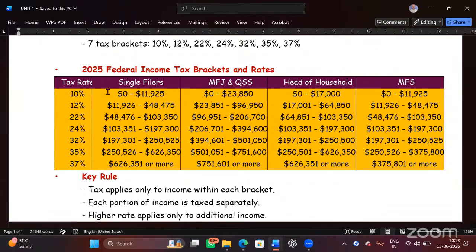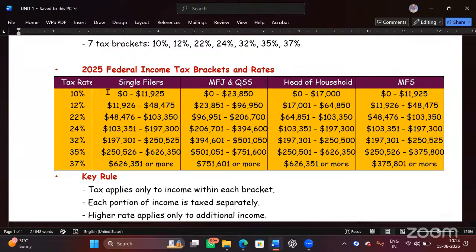One is single filers, meaning purely individual. The second one is married filing jointly. Already married, and the taxpayer files the tax return along with the spouse. That kind of filing is technically called married filing jointly.